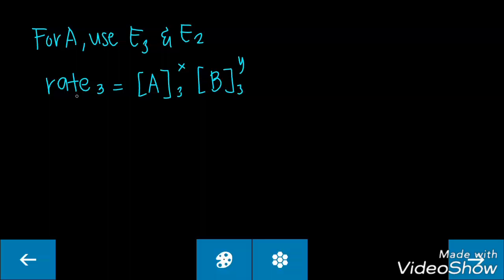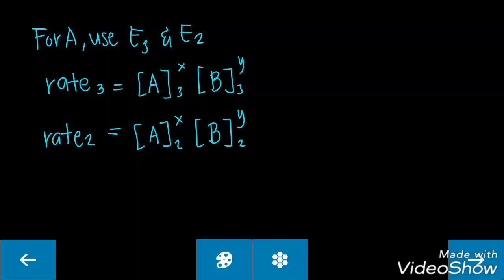Again, we will write the rate law, which is rate 3 is equal to A3 raised to X, B3 raised to Y, and for equation 2, rate 2 is equal to A2 raised to X, B2 raised to Y. Now, the B concentrations are equal, so we can cancel that out.